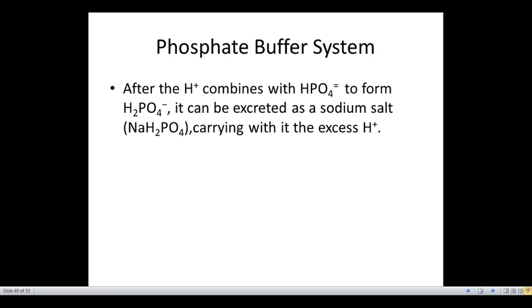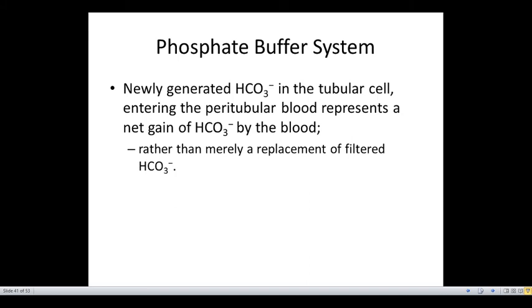There is, however, one important difference in this manner of hydrogen ion excretion from that we discussed previously, which is that in this case, newly generated bicarbonate ion in the tubular cell entering the peritubular blood represents a net gain of bicarbonate ions by the blood, rather than merely a replacement of filtered bicarbonate ions.